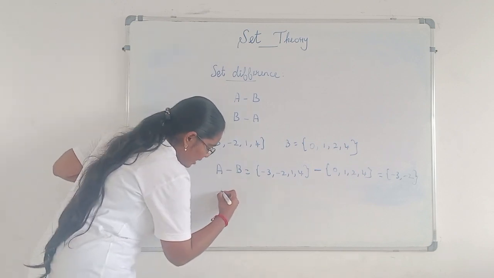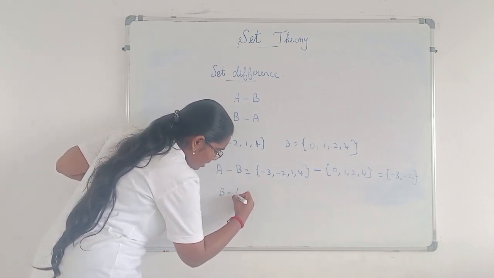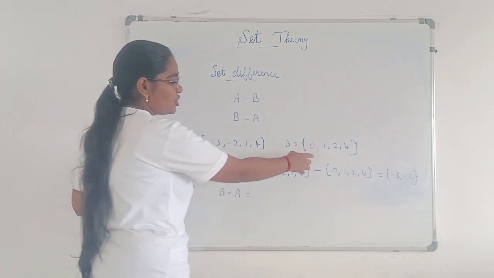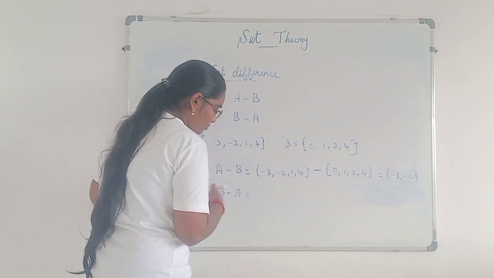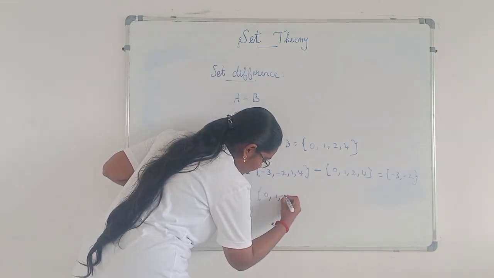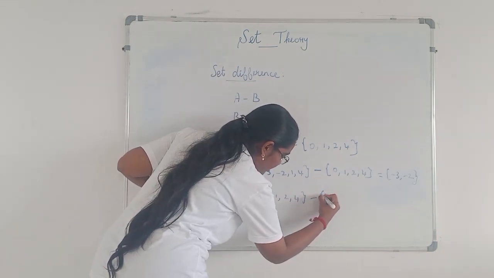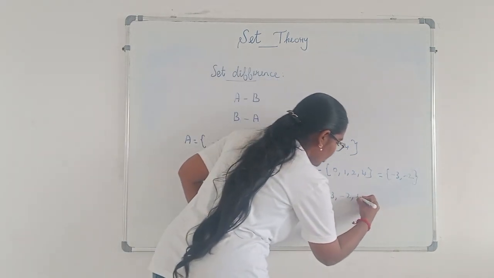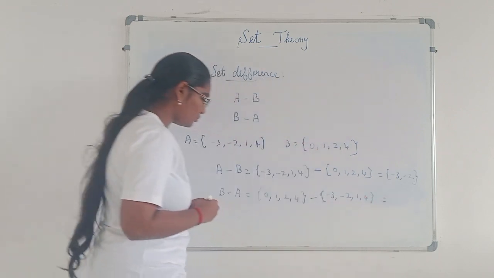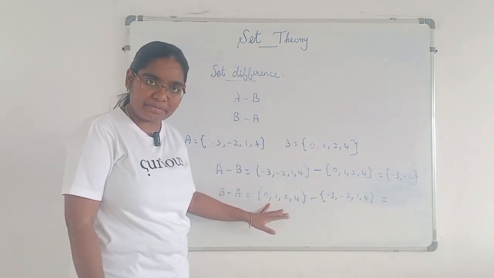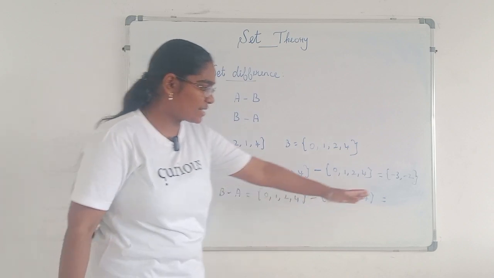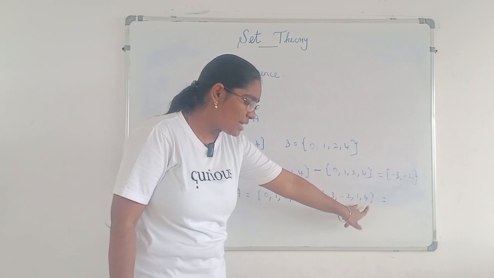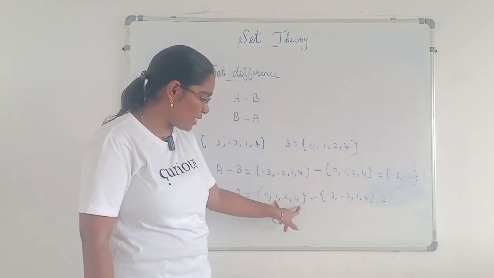Next, B difference A. First write the set B, 0, 1, 2, 4, difference A, -3, -2, 1, 4. This 0 is in B but not in A, so we can write it here. Next, 1 and 4 are in B as well as in A, so we will omit 1 and 4.